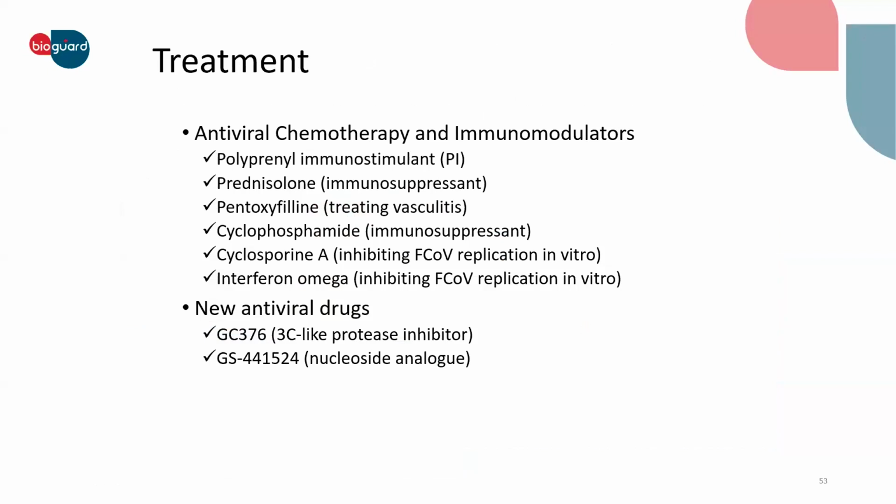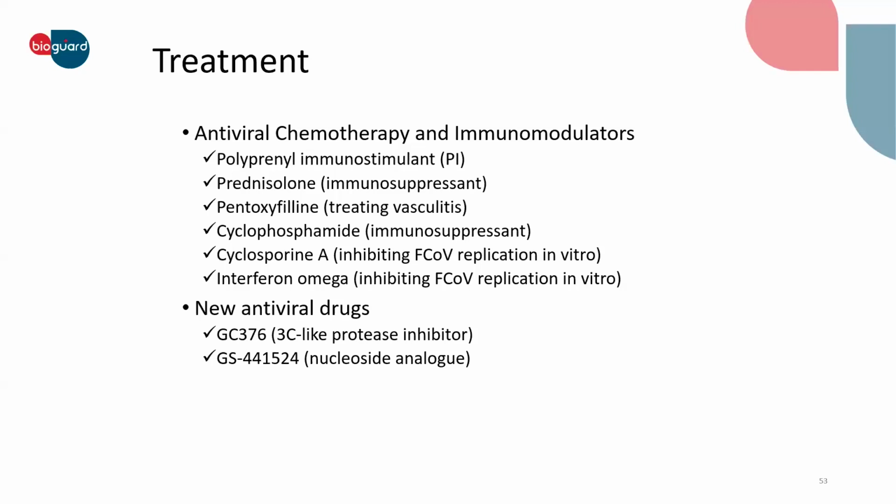Although many treatments have been proposed, like antiviral chemotherapy or immunomodulators, those usually just relieve the symptoms or give the cat better immunity against FCoV infection, and their effectiveness is actually not good at all, until the new antiviral drugs like GC376 and GS441524.